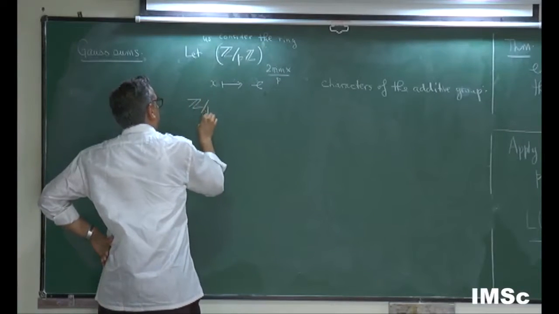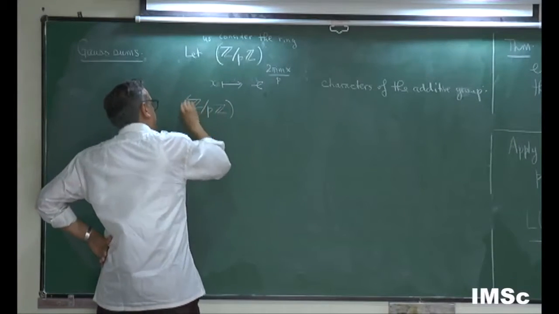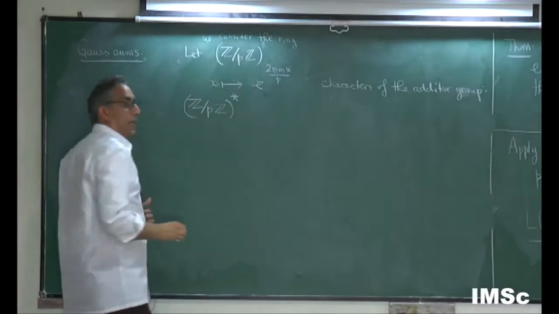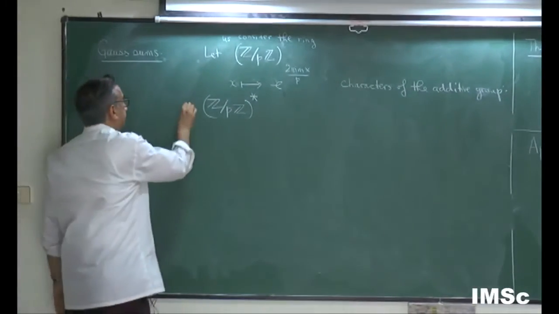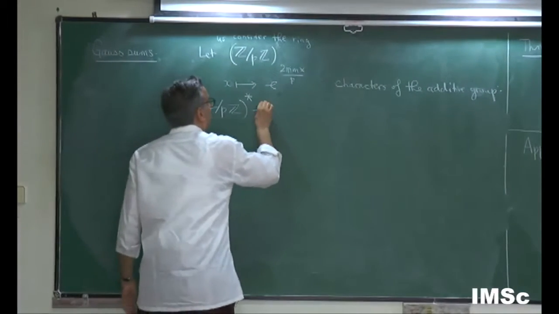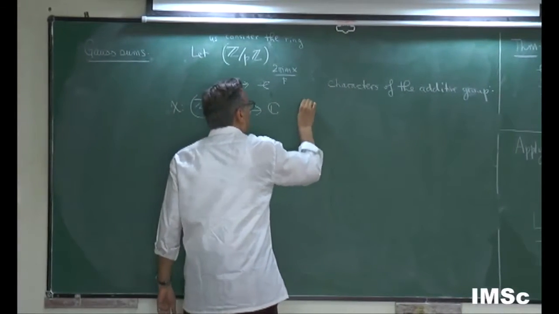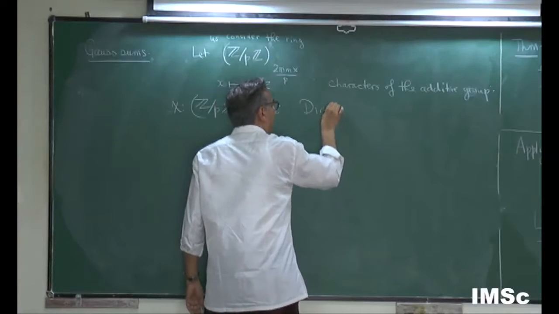And now when we look at the multiplicative group, well, we already have met the Dirichlet characters. These are the characters of the multiplicative group, right?